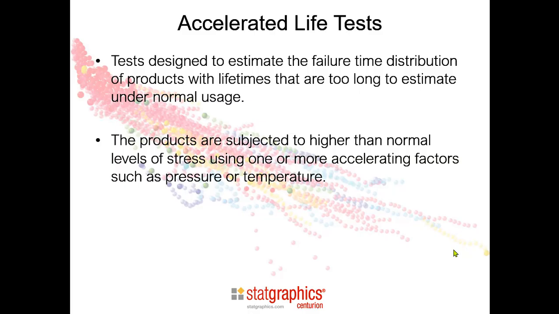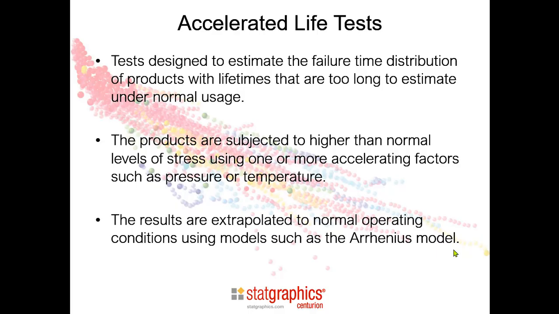The products are subjected to higher than normal levels of stress during the tests, using one or more accelerating factors such as pressure or temperature. The results are then extrapolated to normal operating conditions using models such as the Arrhenius model.